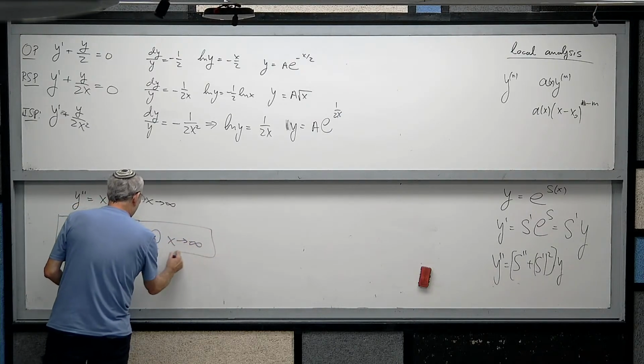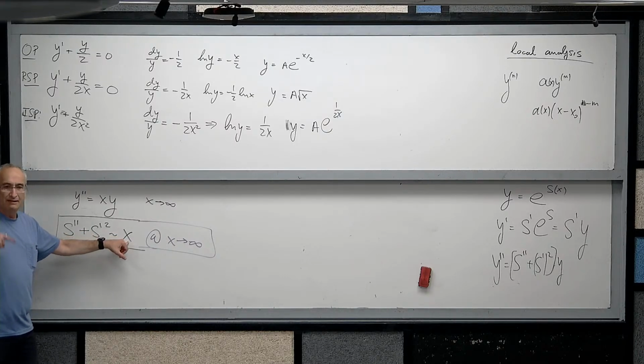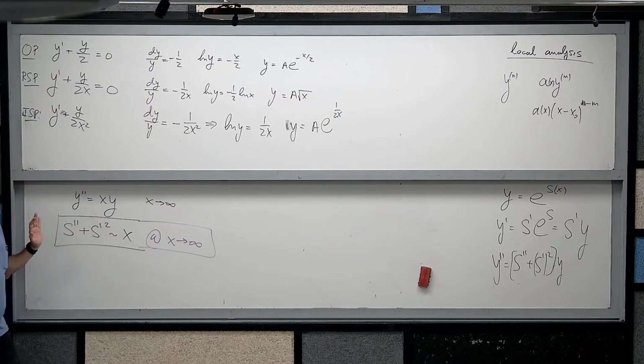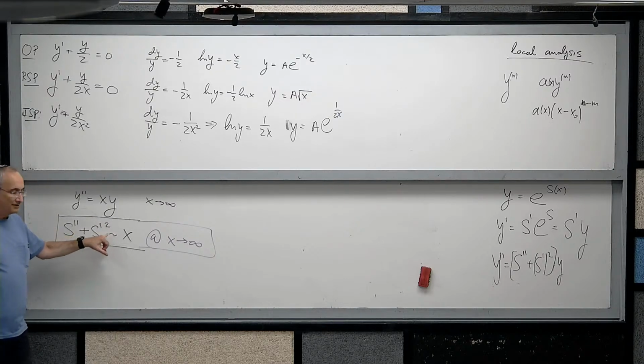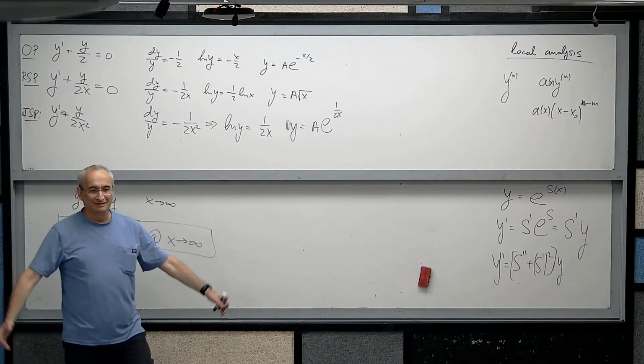Of course, we cannot say asymptotic to x without defining where it should be asymptotic. So at x goes to infinity. Which means that I want the division of this by that as x goes to infinity to go to 1.